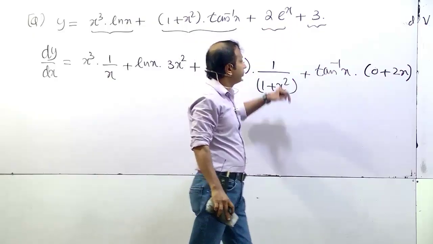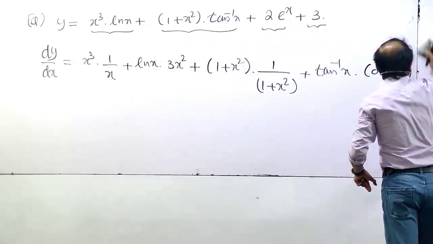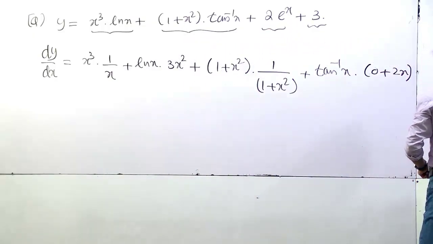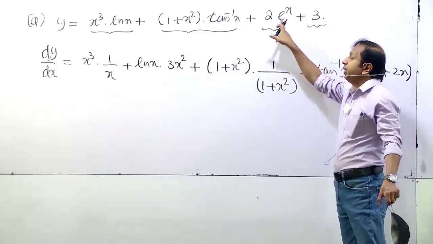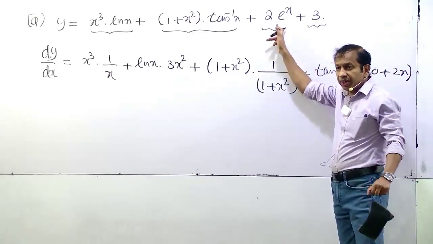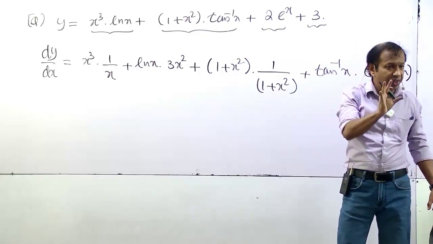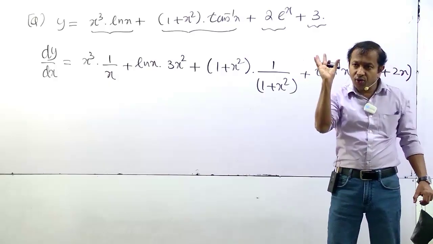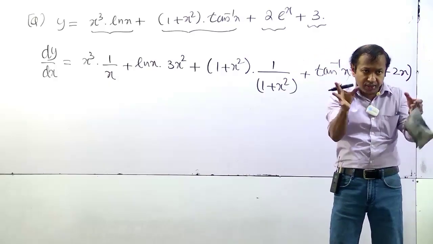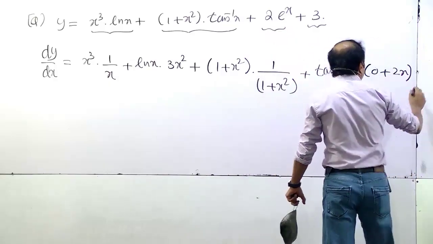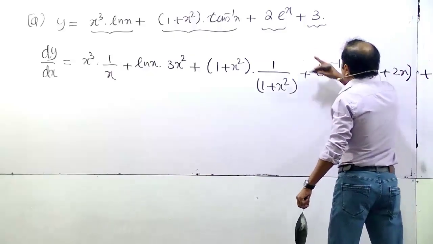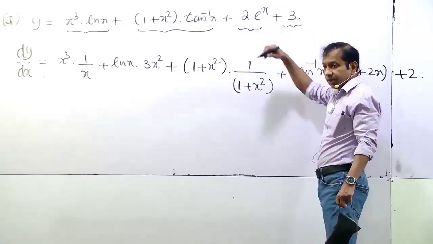Now come to this. 2 and e^x as a product, constant and a function product. Then how to differentiate? That occasion when we have constant and a function as a product, the constant we have to keep as the same. e^x derivative is what? e^x, right.